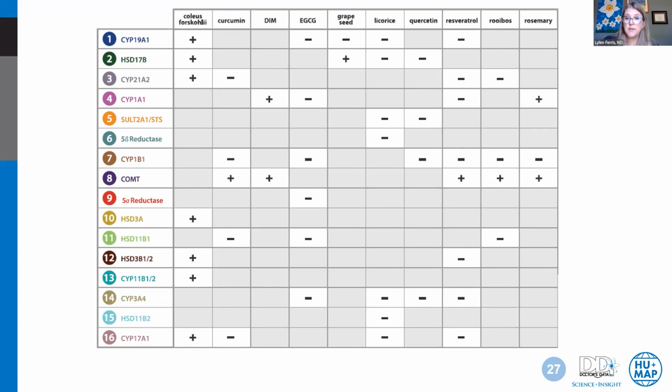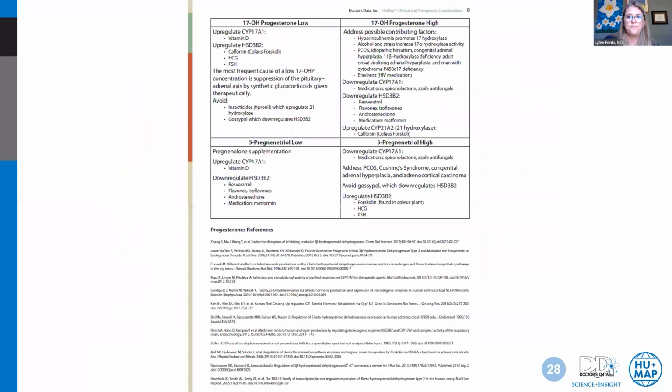The pluses indicate that a substance will speed up enzyme activity, and the minuses indicate that it will slow down enzyme activity. And because hormone metabolism is complex, the rest of this document provides expanded considerations and references. So hopefully whatever you need, we have provided for you.